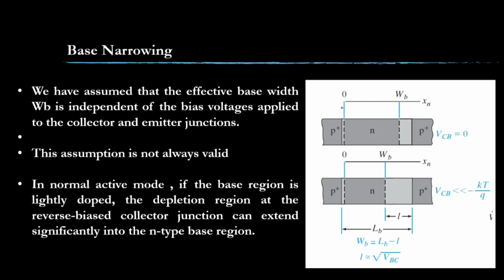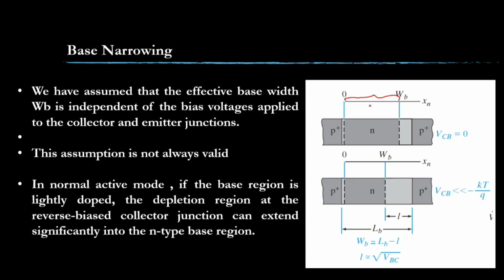If a PNP transistor is biased in normal active mode, we know that the emitter junction is forward biased and the collector junction is reverse biased, and whatever voltage we apply across the region doesn't affect the width of the base region. So we know the width of the base region is this, that we have seen before.